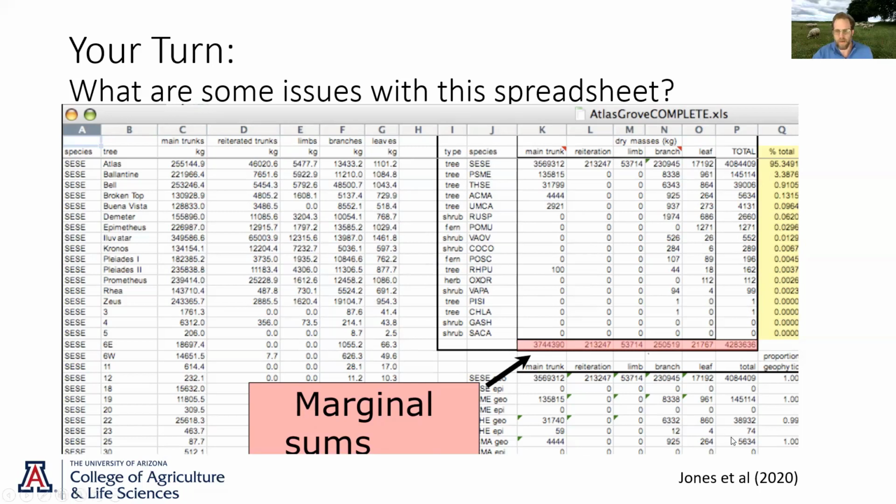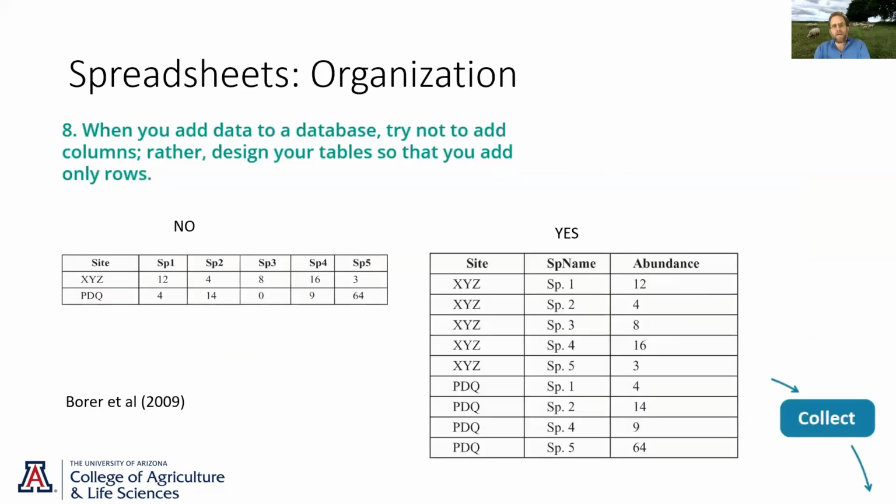Taking sums is essentially exploratory data analysis, which is great, and spreadsheets can do it, but it shouldn't be confused with the raw or canonical data.